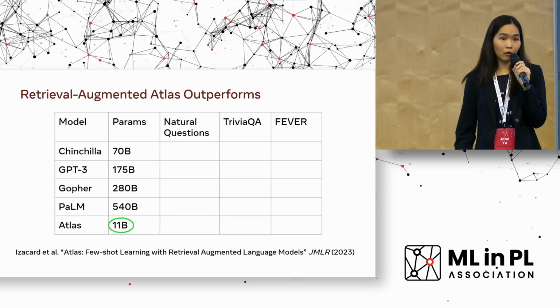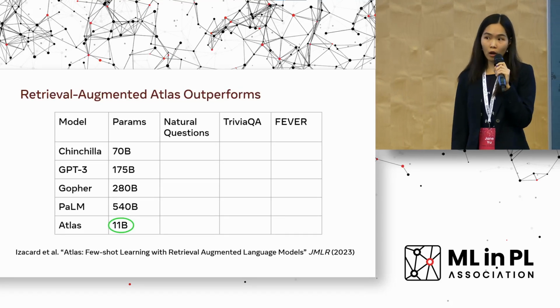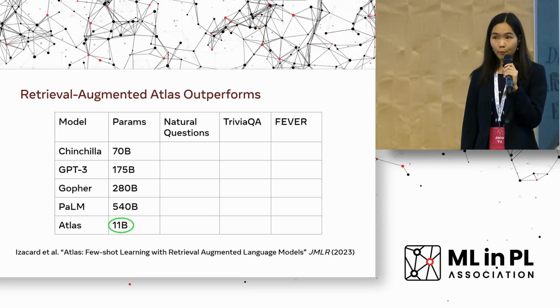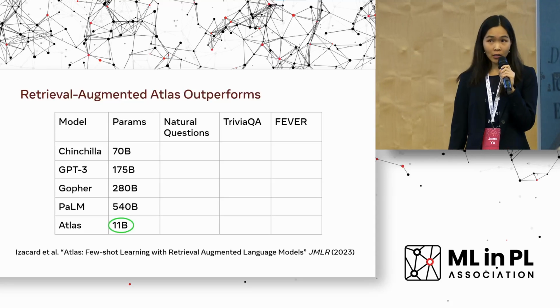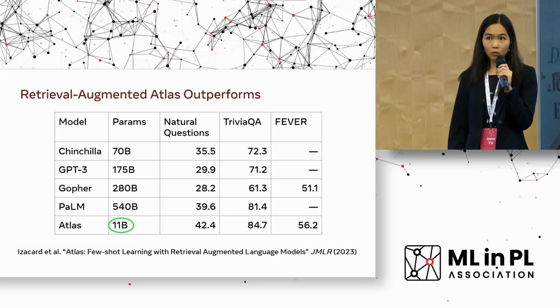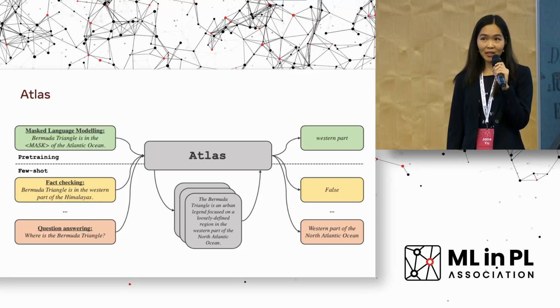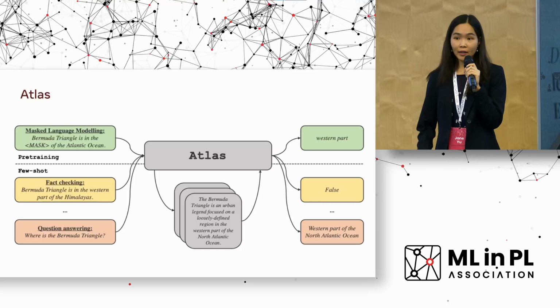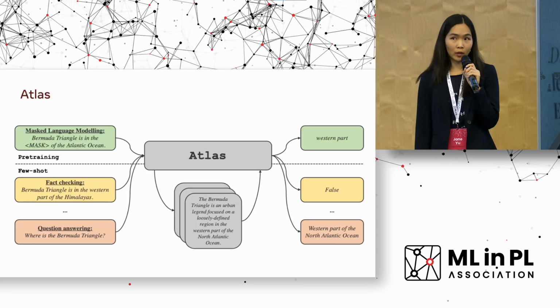And what I'm showing you in the 4 rows is 4 non-augmented language models: Chinchilla, GPT-3, Gopher, and PaLM. And in the last row here, we have Atlas. And Atlas is basically a pre-trained retrieval-augmented language model that is designed to learn knowledge-intensive tasks from just a few training data points.